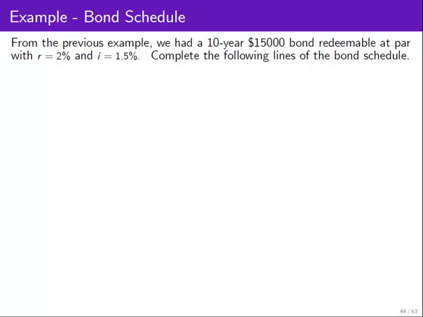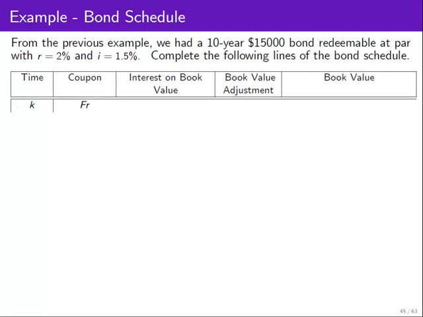From the previous example, we already determined that the bond was purchased at a premium. So here we're going to take a look at a bond schedule for when we're writing down a bond. When we create a bond schedule, there are a number of things to consider.